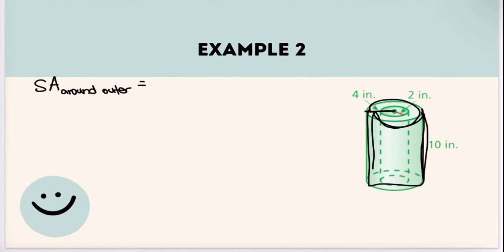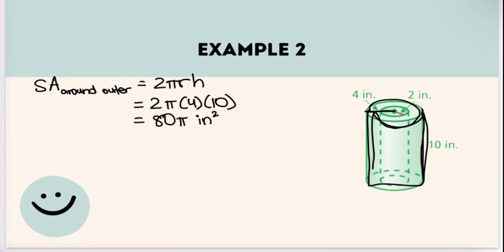So that is going to be 2 pi r, right? Because that's our circumference of a larger circle times the height. So in that case, that is going to be 2 pi times 4 times 10, which is going to be, well, let's see, 4 times 10 is 40, and 40 times 2 is 80. So that'll be 80 pi. So therefore, so far we have 80 pi square inches.